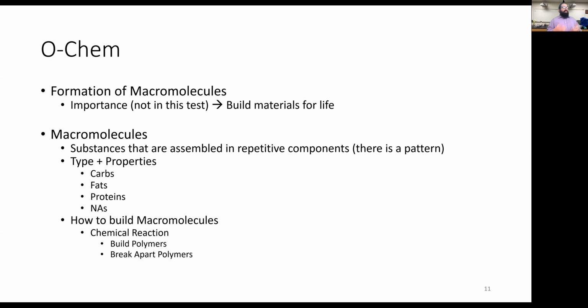Those are the two main reactions that we were going to learn, and each one has its own unique name. The building one is called dehydration synthesis, whereas the breaking one is called hydrolysis.